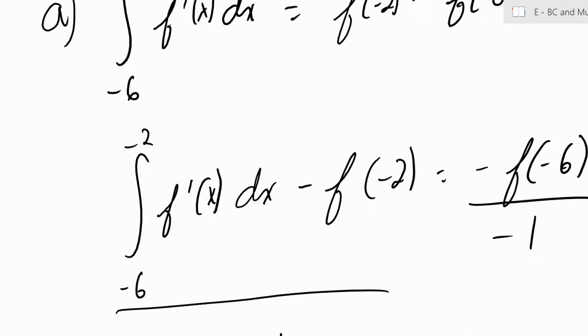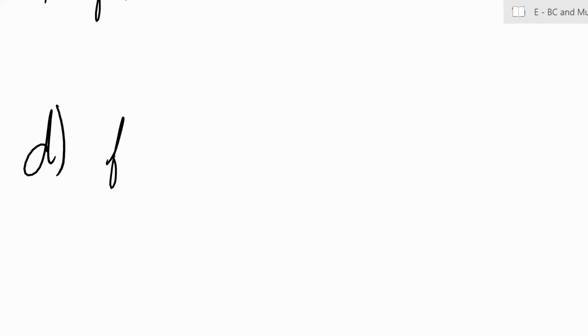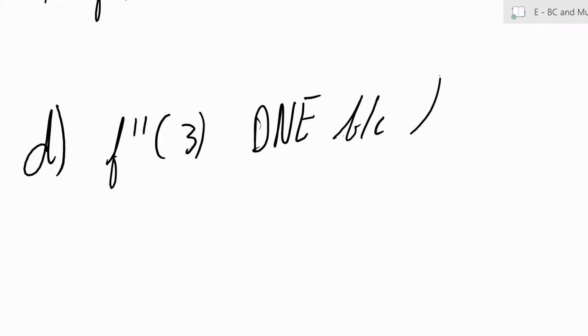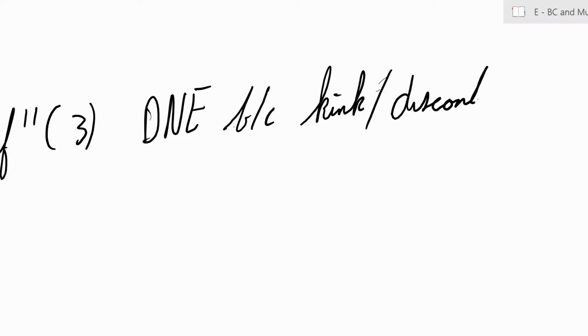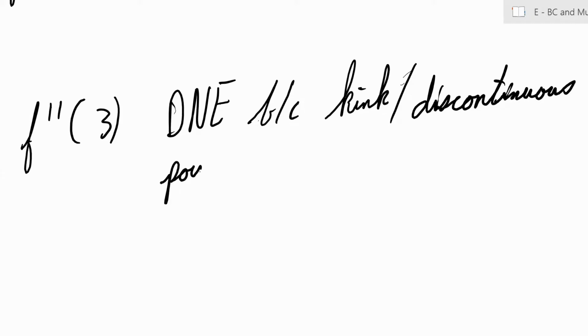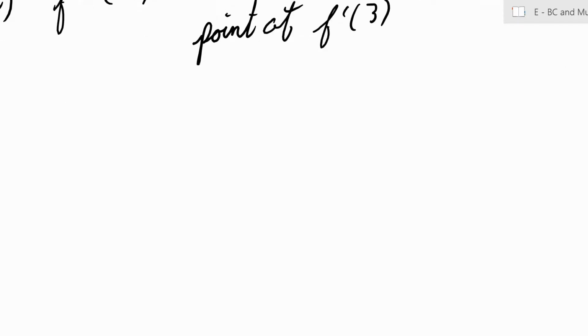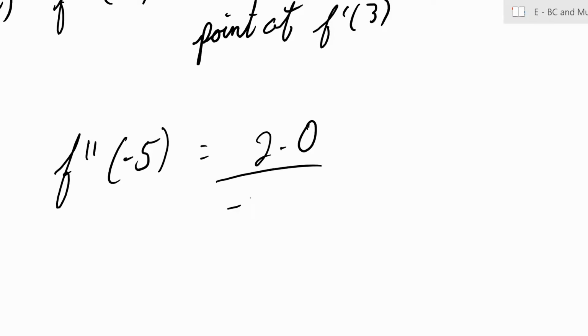So f double prime of 3 does not exist because kink slash discontinuous, and that's a weird way to write it, but yeah, discontinuous point at f prime of 3, and f double prime of -5, 2 minus 0 over -2 minus -6.